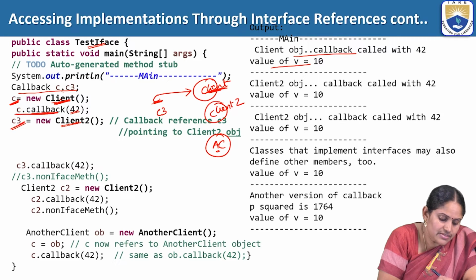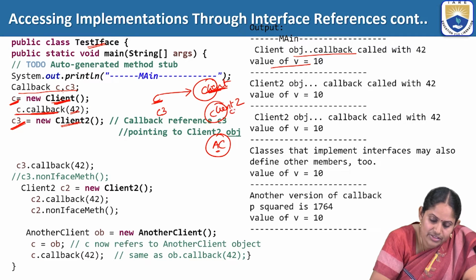Now in the second case, we have C3, which is an interface reference variable. It is pointing to the client 2 class. So inside client 2 class, we have the callback method as well as a non-interface method.